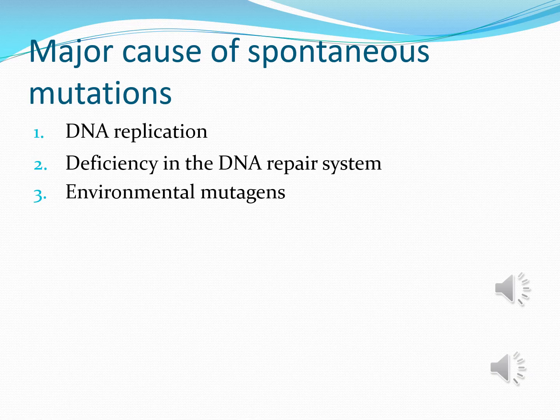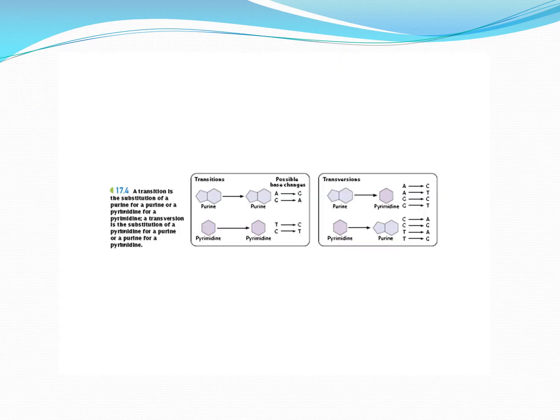Other factors like heat and oxidative stress also contribute. Reducing exposure to known mutagens, for instance, using sunscreen or avoiding tobacco, is a key public health strategy to prevent mutation-related diseases.